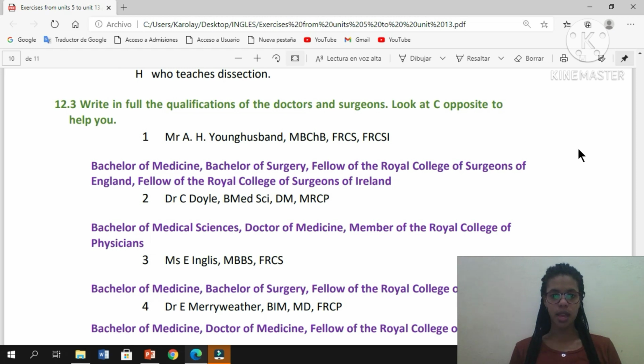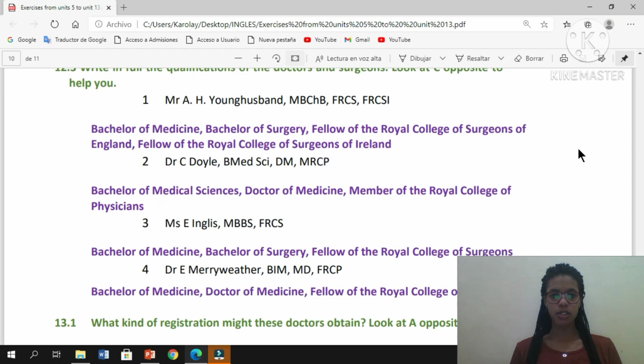Mr. A.H. Jones. Bachelor of Medicine, Bachelor of Surgery, Fellow of the Royal College of Surgeons of England, Fellow of the Royal College of Surgeons of India. Dr. Dolly.